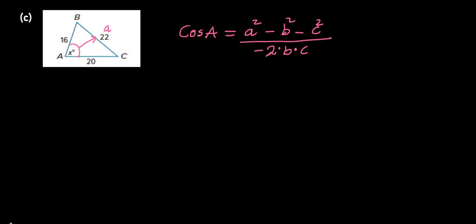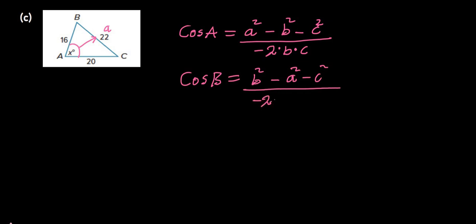For example, if you are looking for cos B, then you start with the lowercase b squared minus a squared minus c squared over negative 2 times a times c.